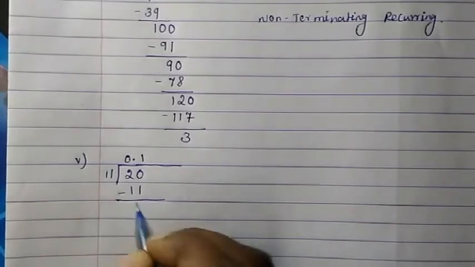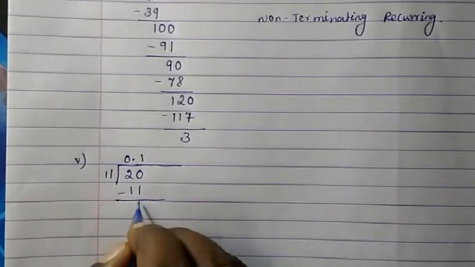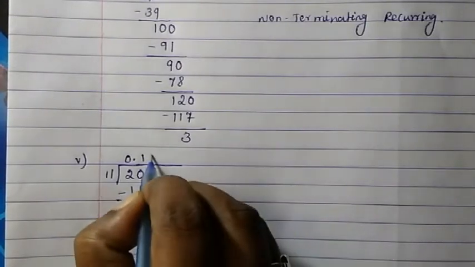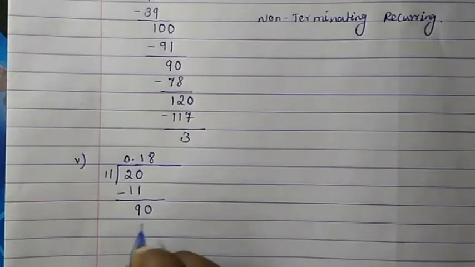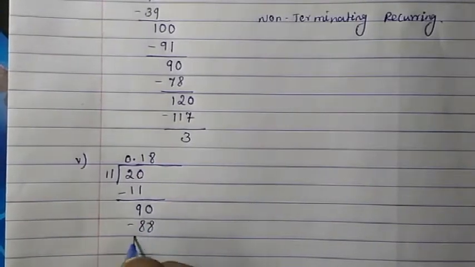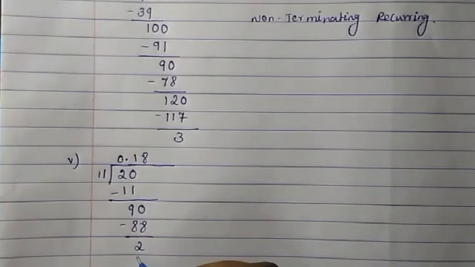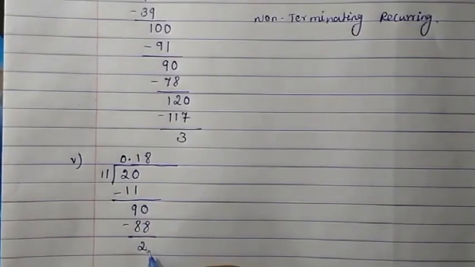So 20 minus 11 is 9, so we can add a 0. Then 8 times 11 is 88, and the remainder will be 2. Again the remainder is 2. If we add 0, the whole procedure will start the same. So we stop here.